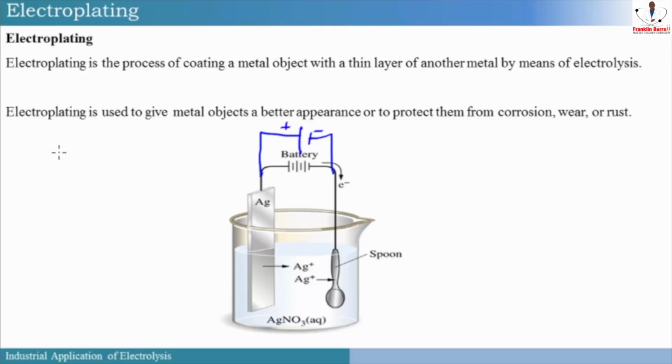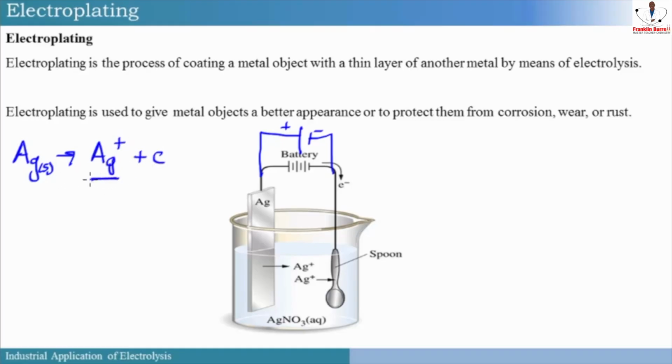So if our metal doing the coating is placed at the anode, that metal will be dissolved, forming ions. So you'll see where silver solid will be oxidized at the anode to form silver ion.